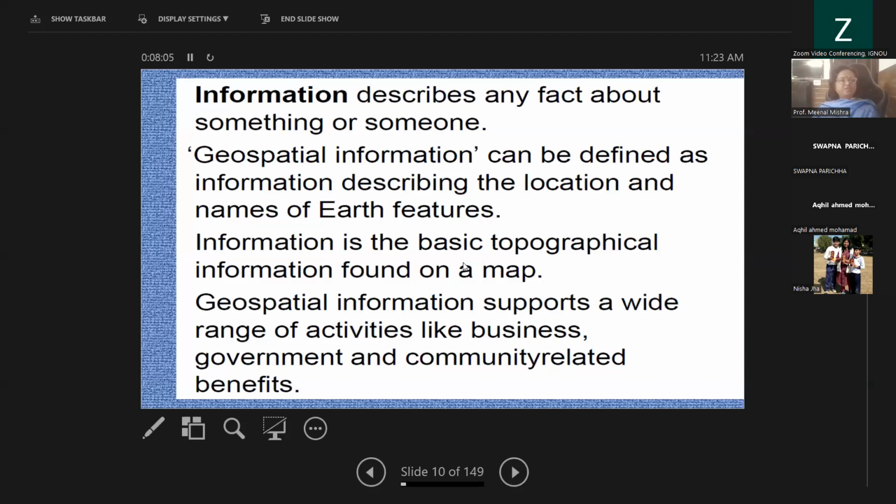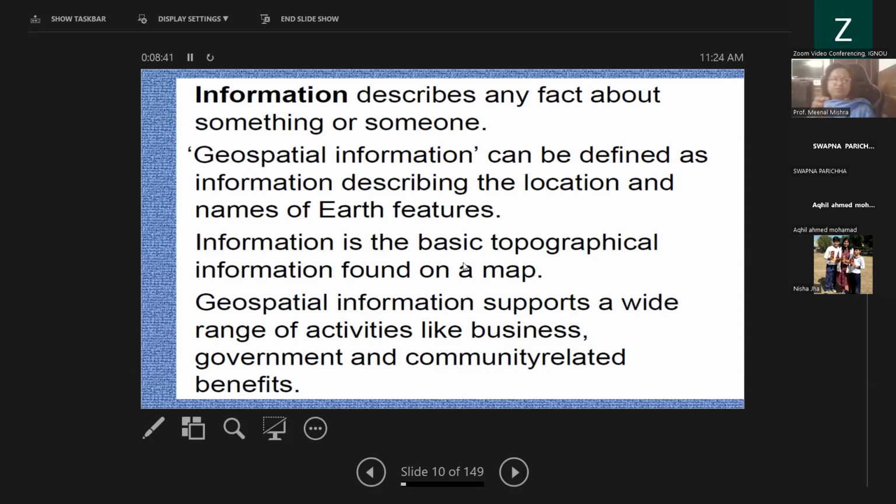We have already discussed that data is a fact, a number or a symbol. Information describes that particular data. One more term is geospatial information, to be very precise. This can be defined as information regarding the location and the names of the Earth's features.